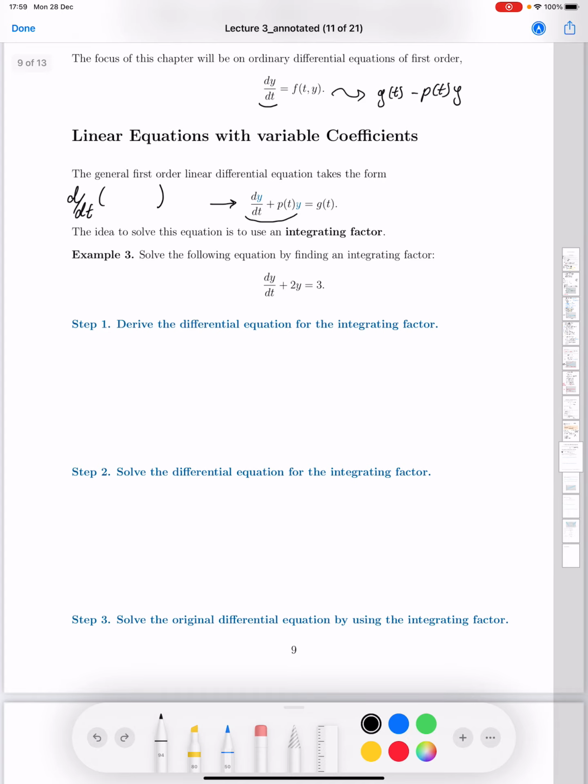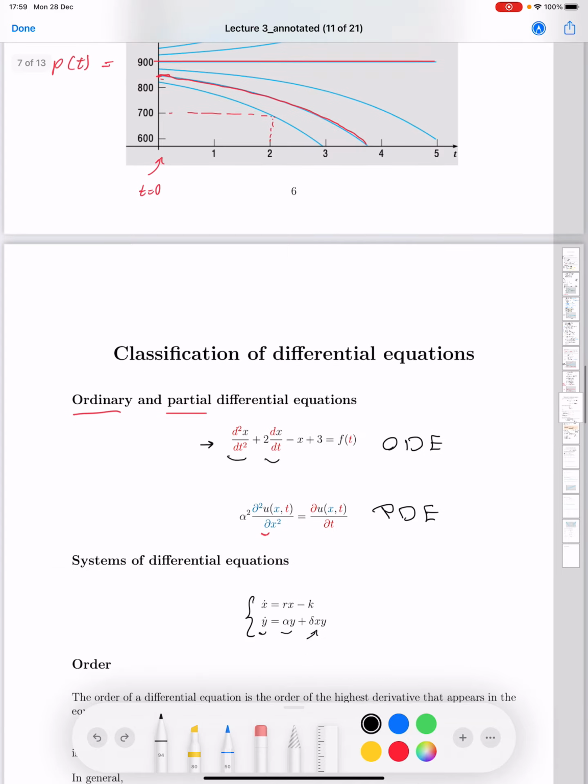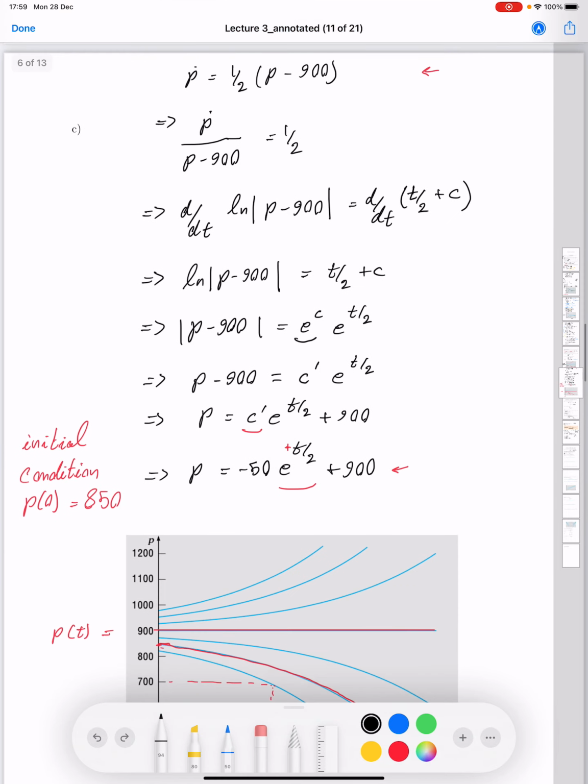We did this in both of the previous examples that we solved in the previous lectures. For example, here, when we had this equation, we solved it by saying that this is just the derivative of the logistic function, so I can just get rid of this by canceling out both sides.